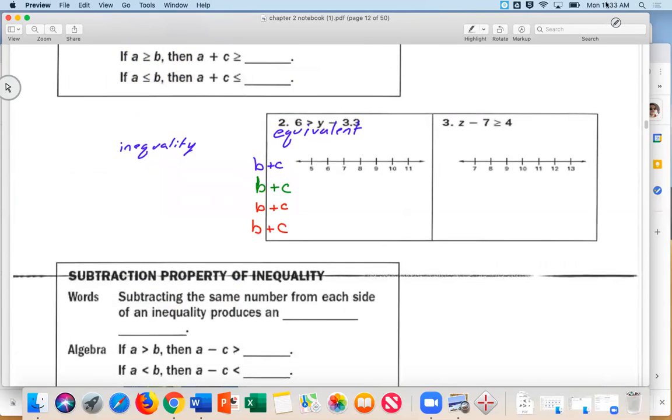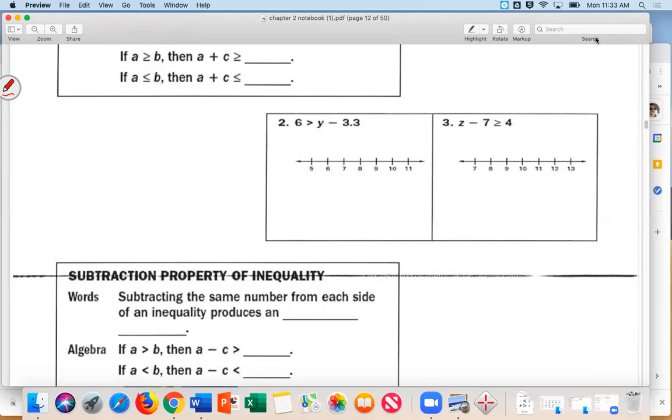All right. So let's go ahead and put this into practice. Six is greater than y minus 3.3. Now I want to get y by itself so I can graph it.